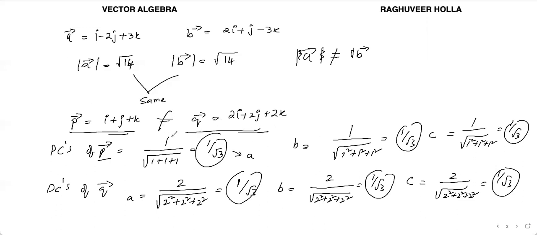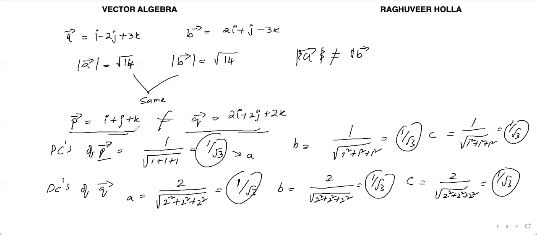So in the previous case, the magnitudes we found are equal and the vectors are not equal. Here the direction cosines are equal, and the vectors are not equal. P is not equal to Q.